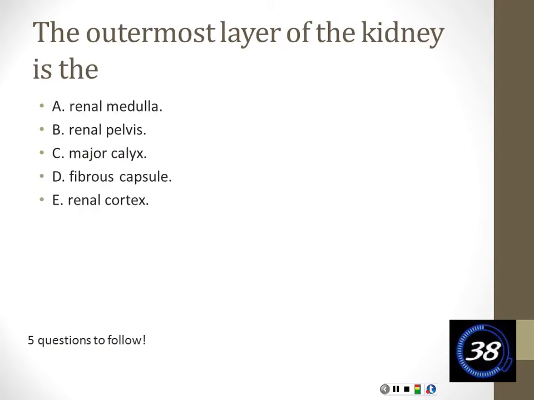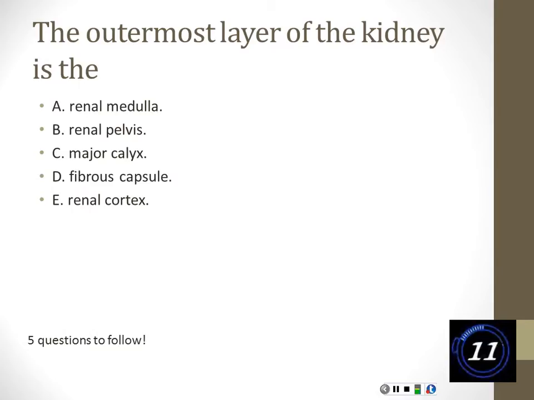Okay, so the outermost layer is called the what? Good, the cortex. Everybody agree? So the medulla is the band just inside the capsule. Oh, wait, the outermost layer is the capsule. D is the better answer, right? So capsule, underneath the capsule cortex, underneath the cortex medulla.